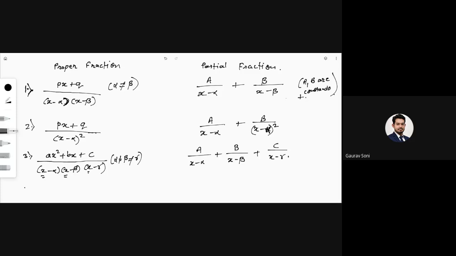Okay. Now fourth one, you have ax square plus bx plus c upon x minus alpha square, x minus beta, where alpha is not equal to beta. Can anyone guess logically what it has to be? Logically, how partial fraction can be used here?